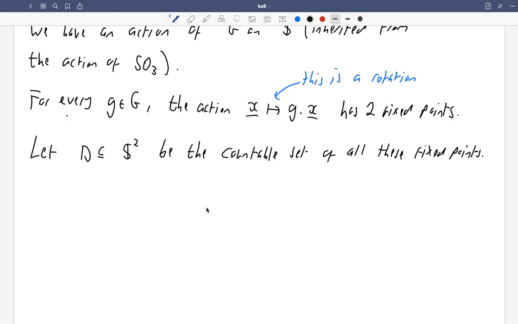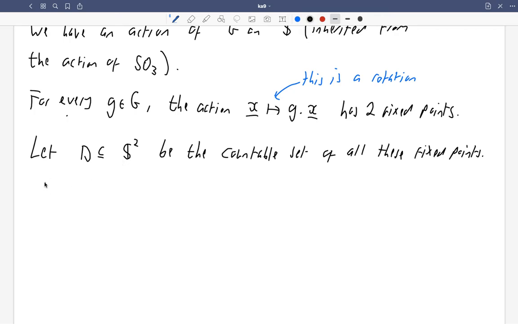But because these are fixed points, if we remove them from S2 and we consider what the elements of the group G do under the action to the set S2 minus D, it turns out that if you're not a fixed point, then the group will never move you to a fixed point, because if it did, then the points would not be fixed by the group.